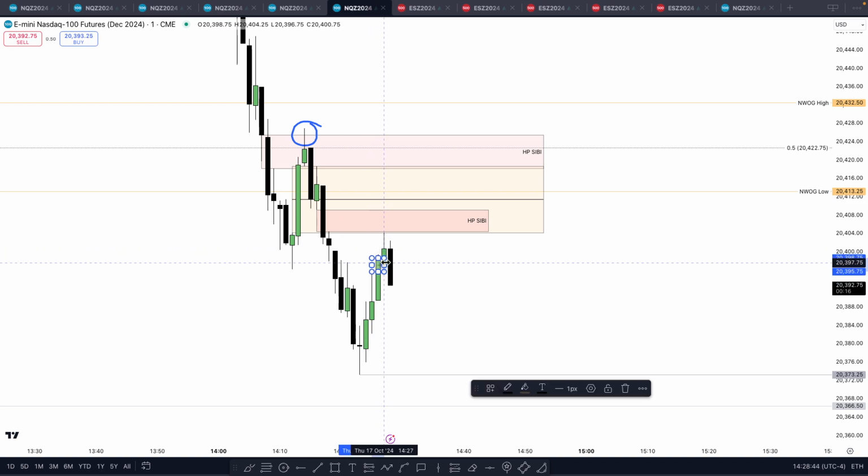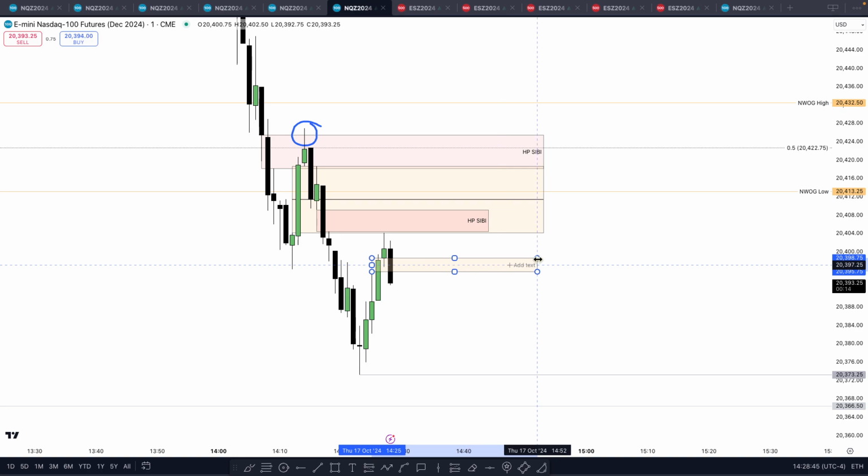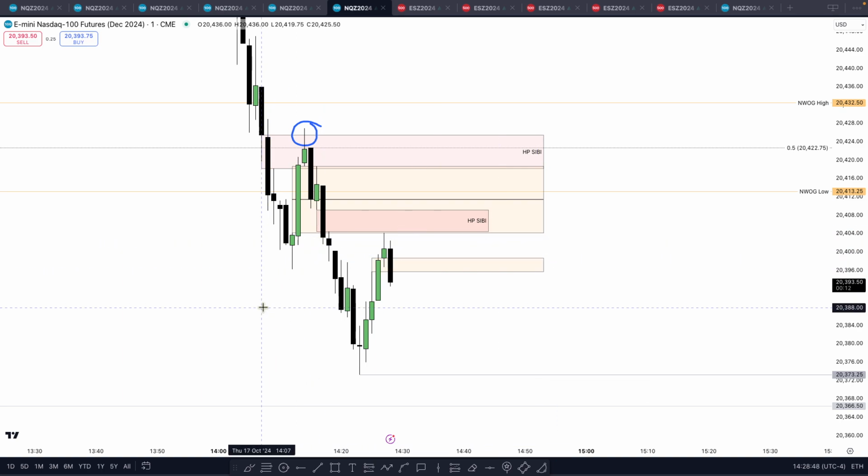Small BISI here, but we'll see if this fails after delivering off this inversion to the tick. Dude, the algorithm's on crack right now.